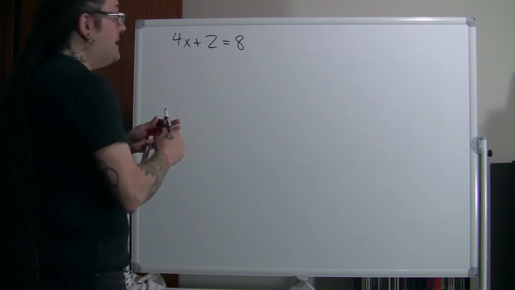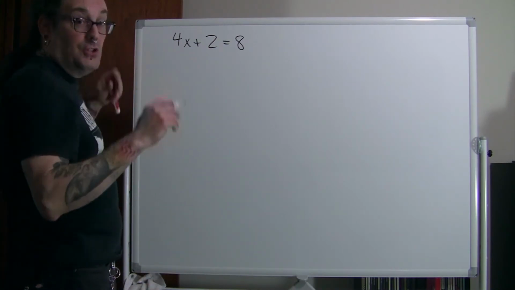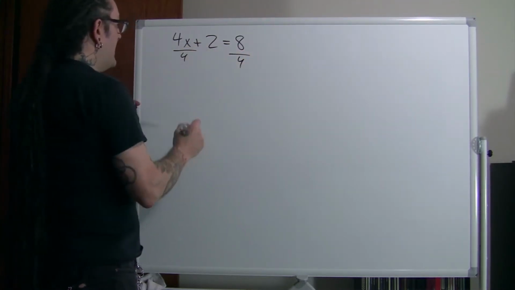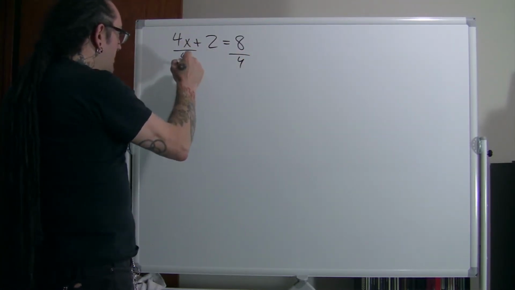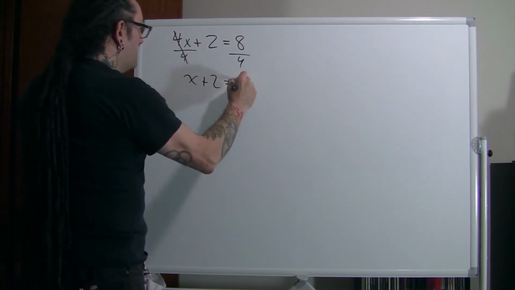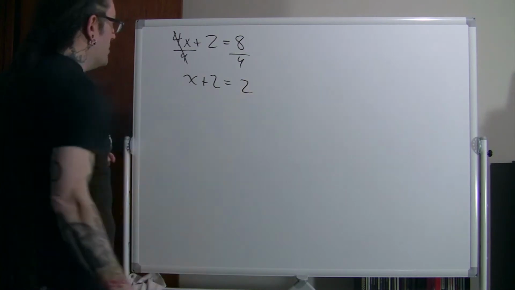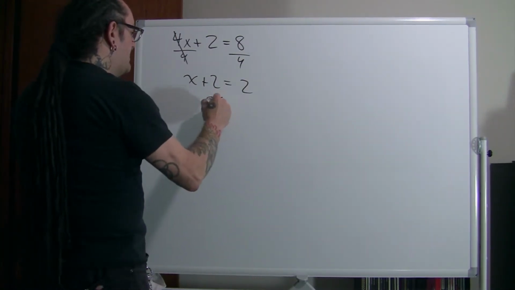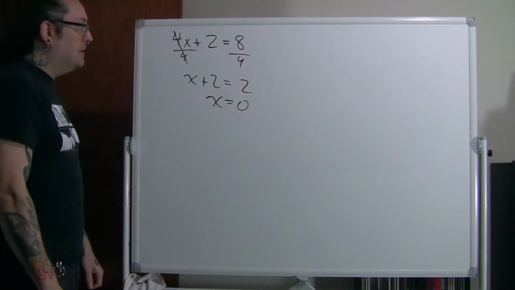So suppose I did want to divide by 4, and this is an error, so don't write this down. If I divide by 4 right away, what would I do? I'd cross this out, and I'd say x plus 2 equals 2, because 8 divided by 4 is 2. And then I subtract 2 from both sides, and I get x equals 0. That's not right.